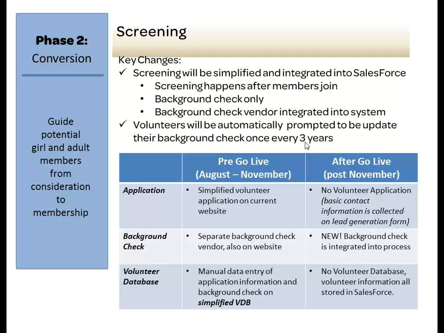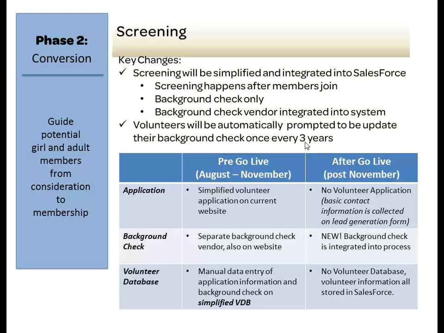And so there are some nuances between when we go live and the pre-go live period in this screening phase. The first is around the application. Like we mentioned, when we go live after November, there'll be no volunteer application, no separate application that's needed. Remember, we've collected all of that volunteer's basic contact information when they entered it in that Get Started page as a lead.